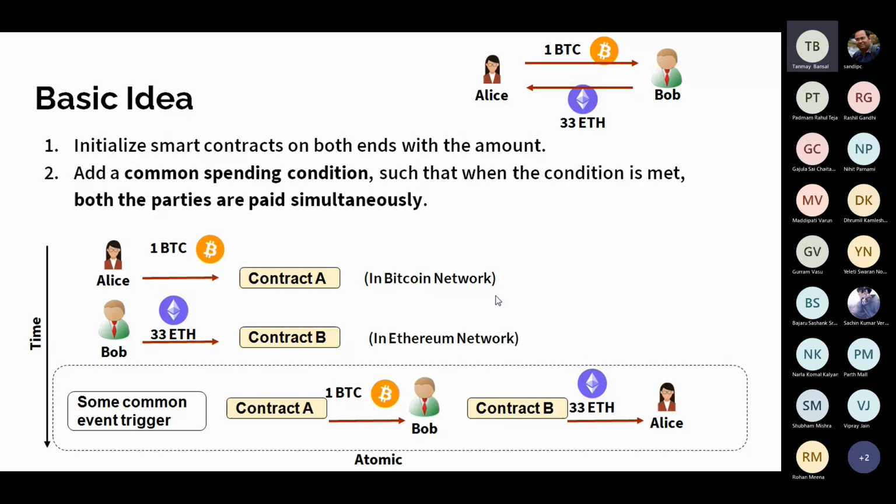So when this common trigger occurs, contract A, which Alice created, would make that payment of 1 Bitcoin to Bob. And the same common trigger, the same event, would also trigger contract B to make the payment of 33 ethers.